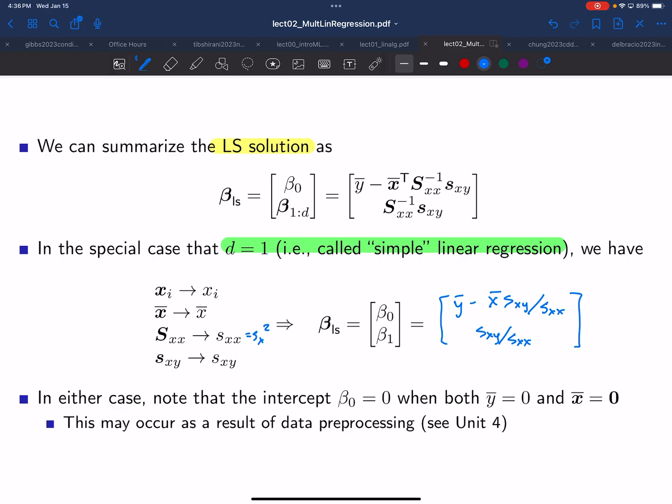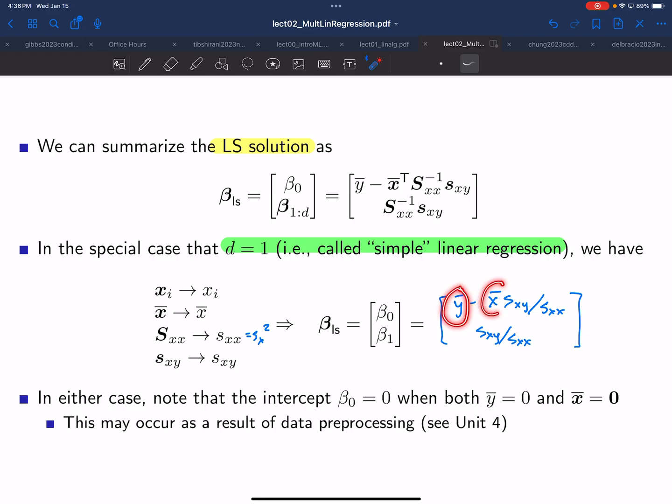All right, and one last thing. There's a special case where the intercept goes to 0. Let's take a look at what that is. So let's look at this case first. One way that this quantity can go to 0 is if the targets are 0 mean and the feature is 0 mean. In that case, you have 0 minus 0 is 0.